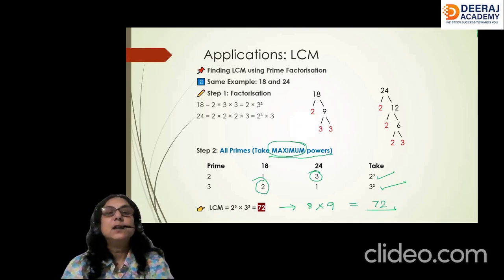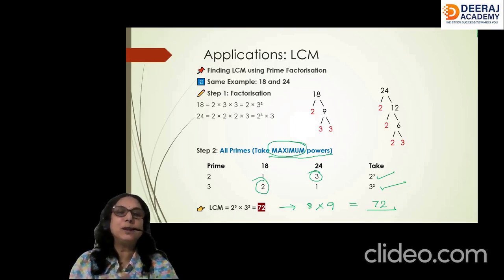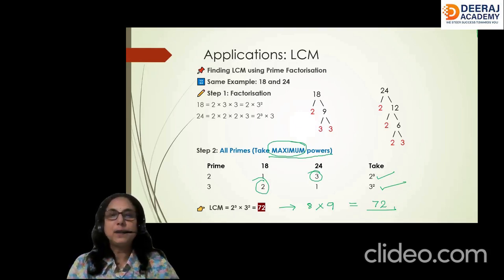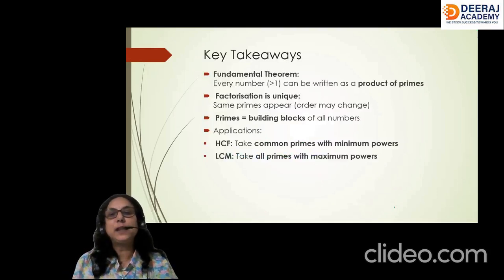In finding both HCF and LCM, the first step is common: you have to do the factorization by using the fundamental theorem. Then when we find the HCF, you take the minimum powers, and when you find the LCM, you take the maximum powers.